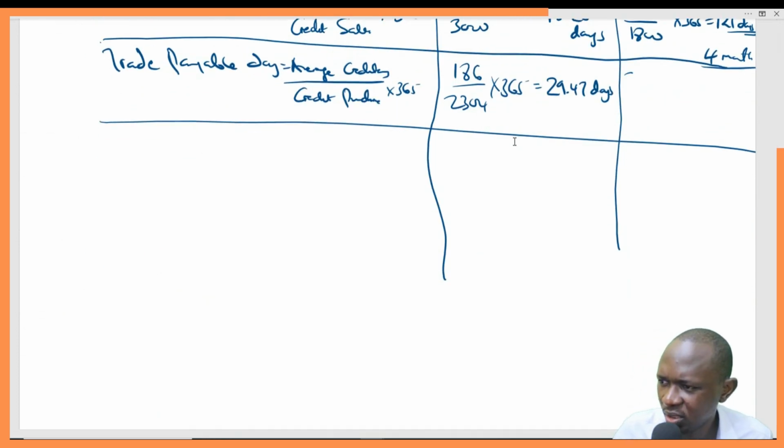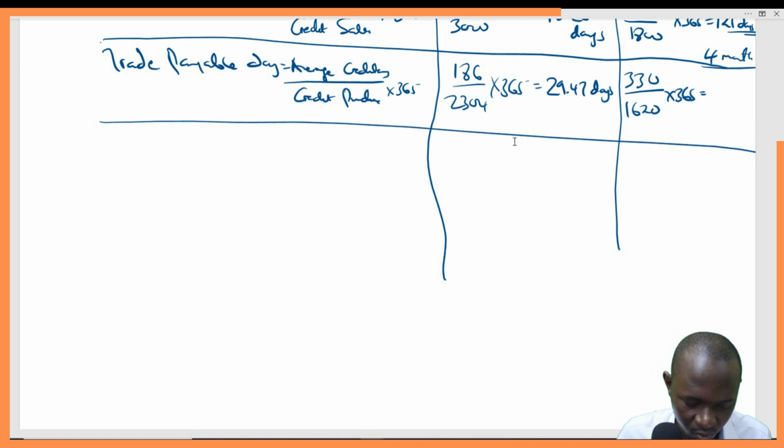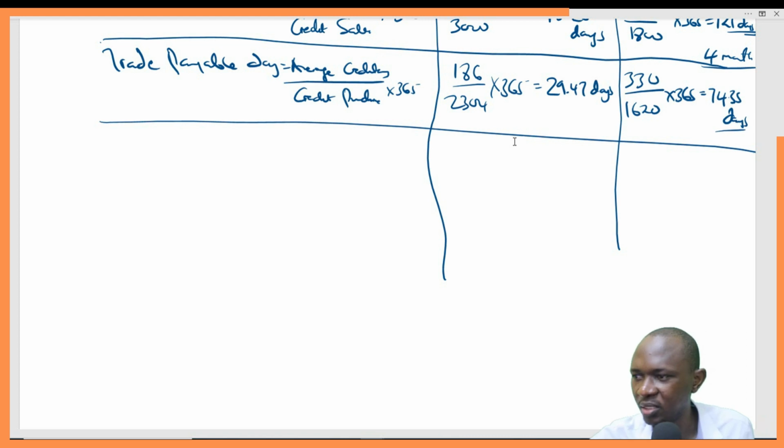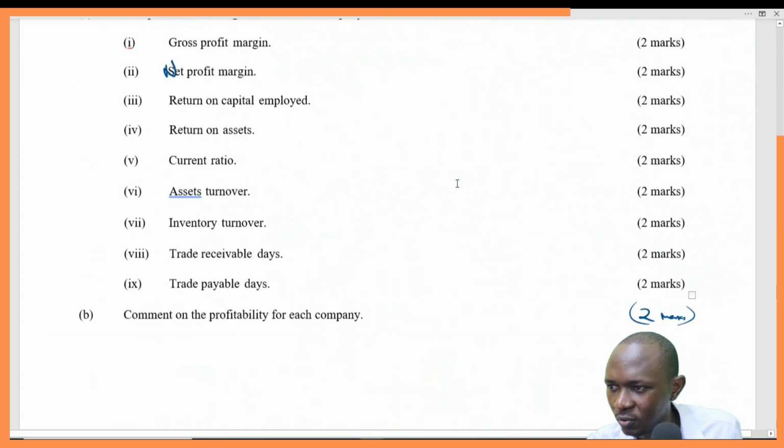So 330 divided by 1620 times 365, and we get 74.35 days.